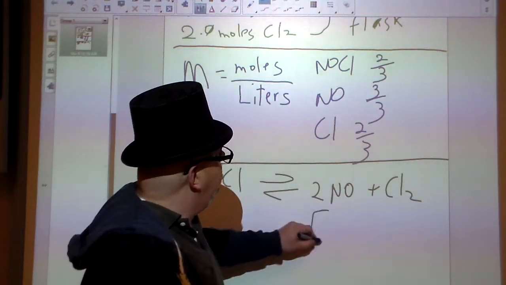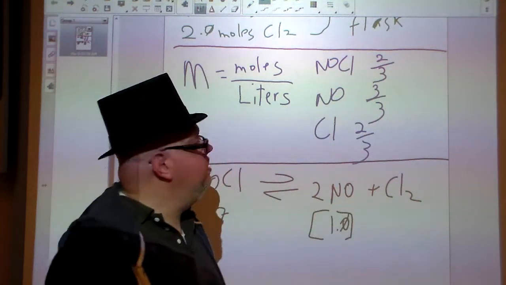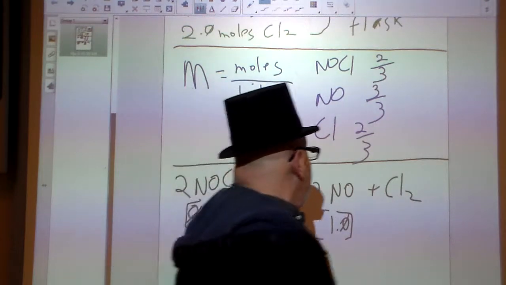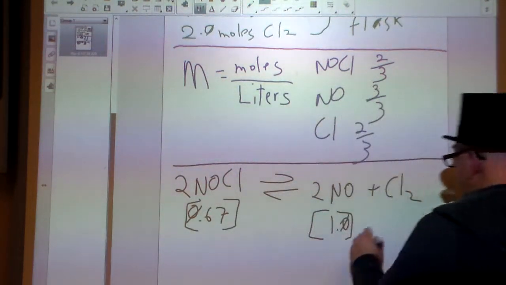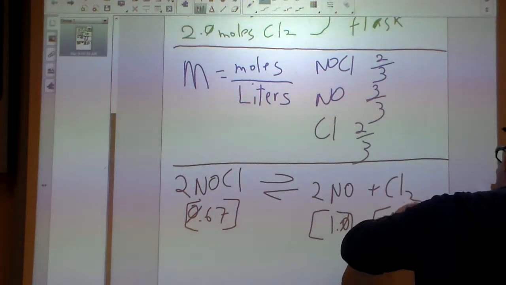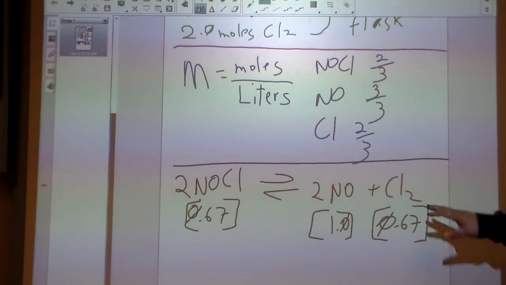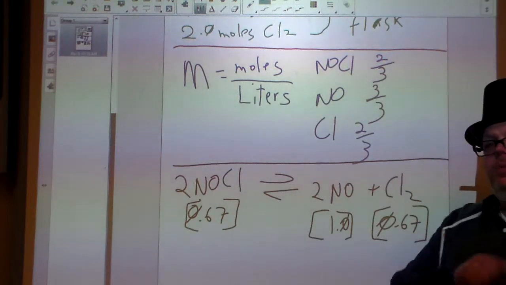Our NO is going to be a 1 molar concentration because it's 3 divided by 3. And then here's our Cl2, with the other bracket here, which is 0.67. This is exactly what we have, and now we have our concentrations.